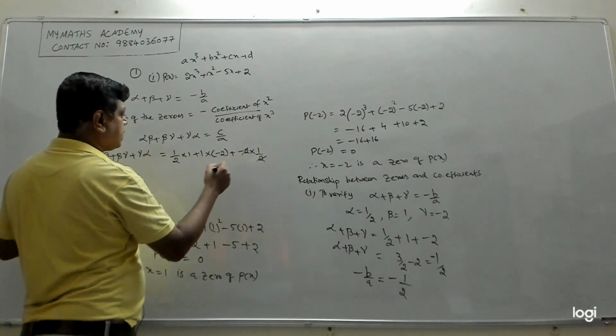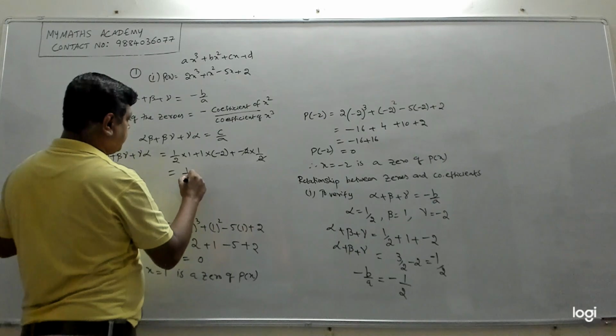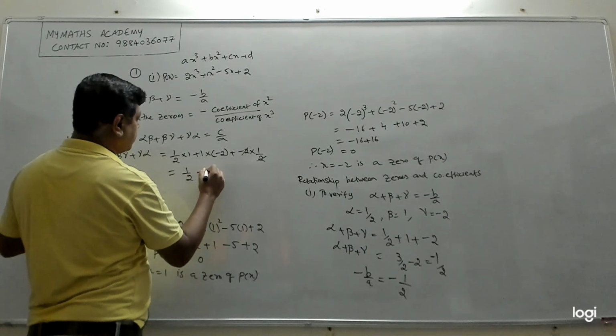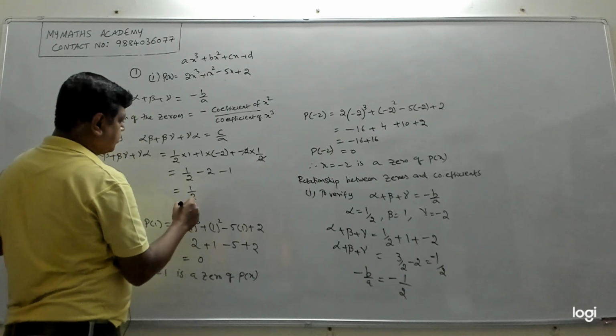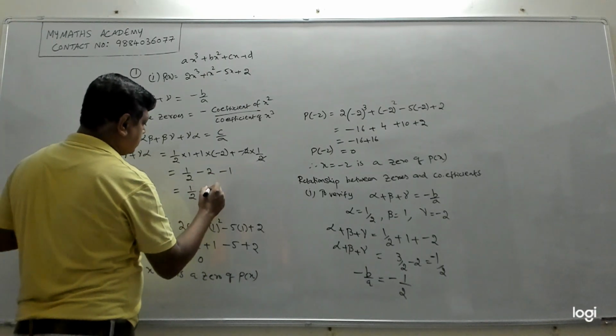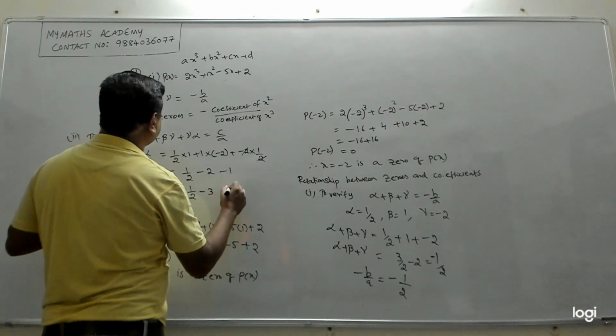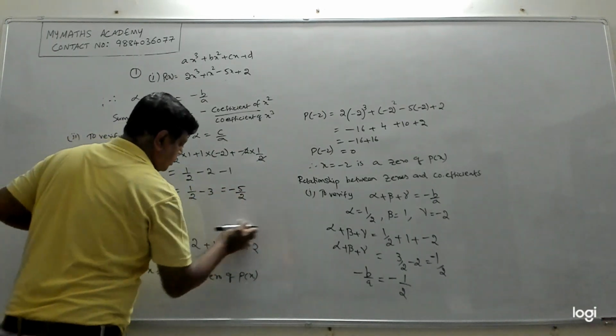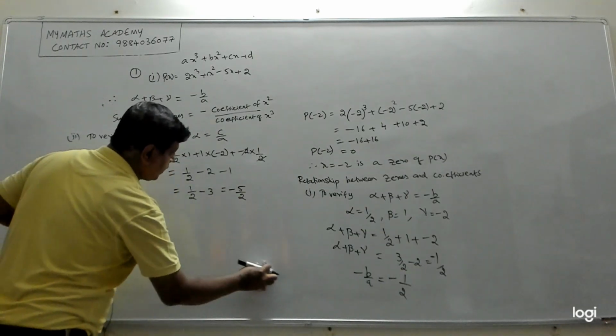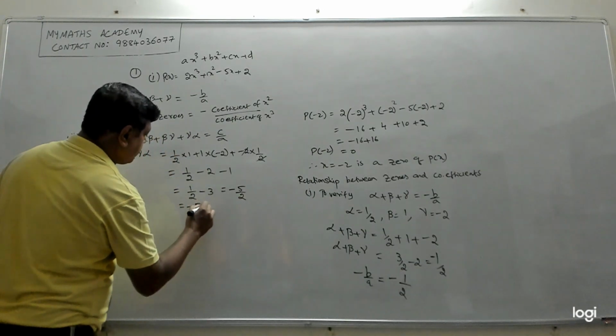So the 2 cancels and here you get 1 by 2. This is minus 2 and this is minus 1. You get 1 by 2 minus 3, which is minus 5 by 2.